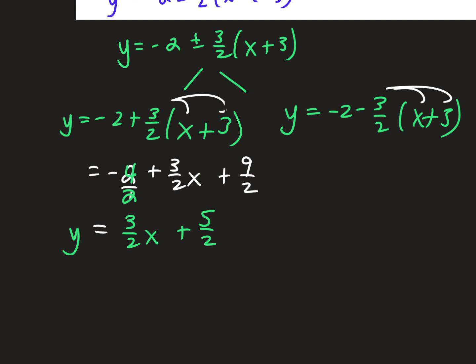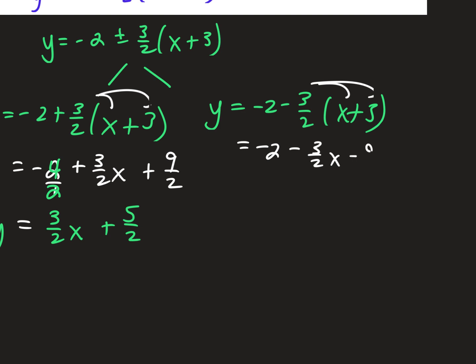I have negative 2 minus 3 over 2x minus 9 over 2. Agree? Okay, so let's change this to 2 is 4. So y equals negative 3 over 2x minus 13 over 2. Good.